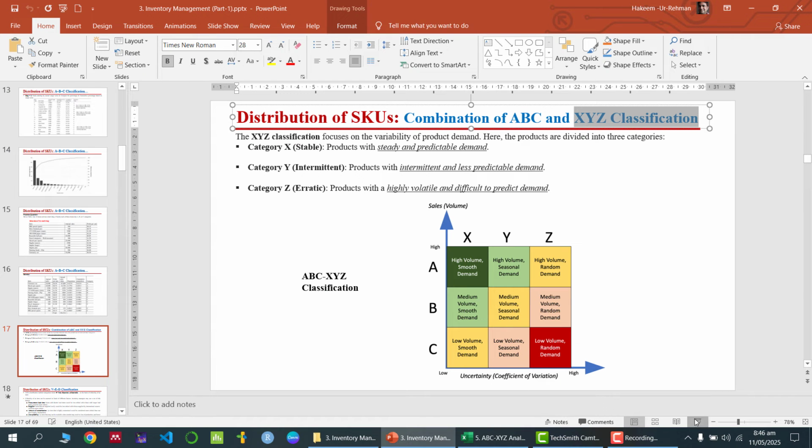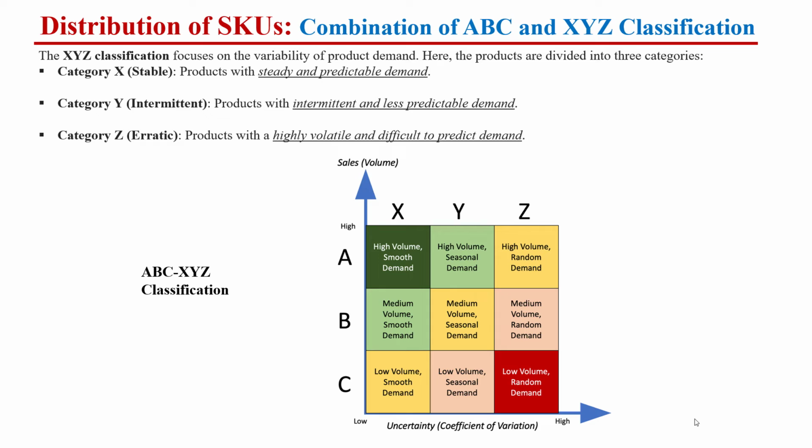Now if I would like to combine it with the ABC classification, first of all I apply the ABC classification to all my SKUs as well as the XYZ classification. Now I would like to know which products have high sales volume or high dollar value and smooth demand.